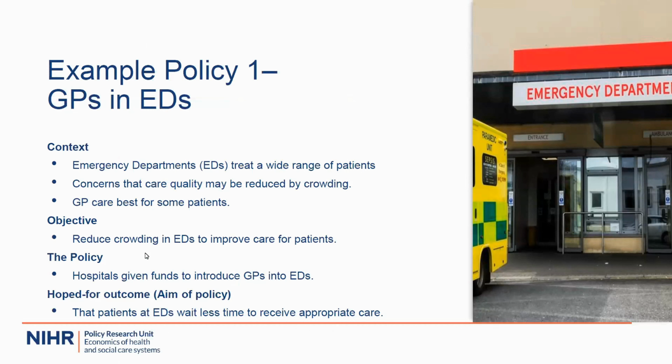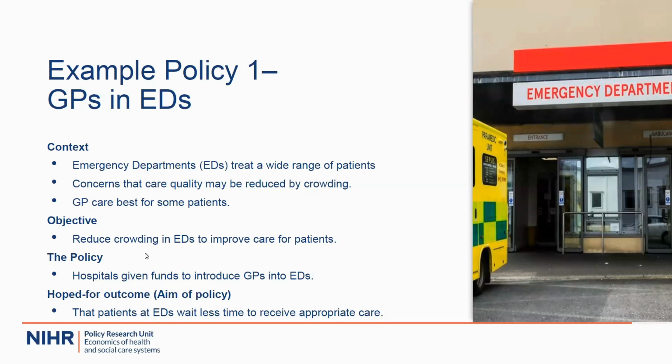So to put some context on these ideas, I'd just like to present for you one example. So this was a policy about having GPs, primary care doctors in emergency departments. And the context for this was that emergency departments treat a wide range of patients. Anybody who comes through the door of an emergency department can receive some treatment, and their conditions range widely.